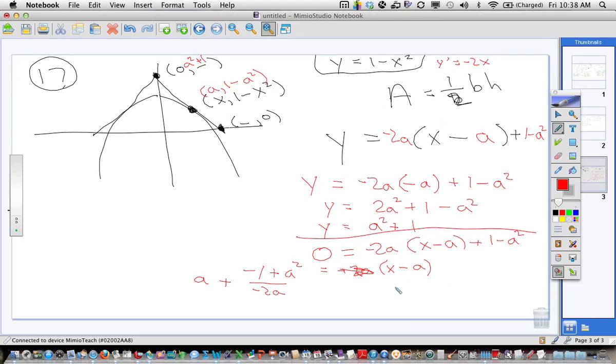So x here would equal, get a common denominator, I'd make negative 2a, negative 2a. So this would be negative 2a squared plus negative 1 plus a squared all over negative 2a.